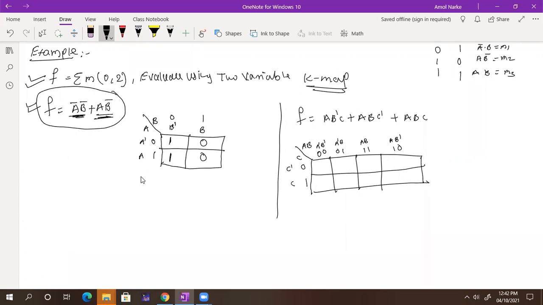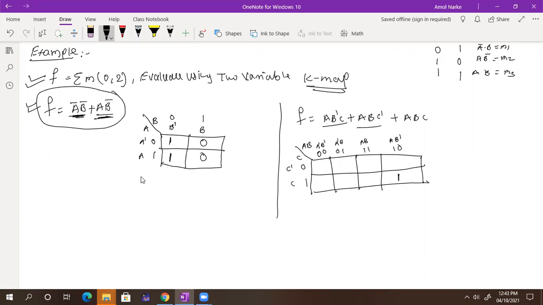So tell me where first I should write down 1 for this term. AB complement, where does AB complement come? AB complement comes here, and second together with the column C. So here I should write down 1. Got it?